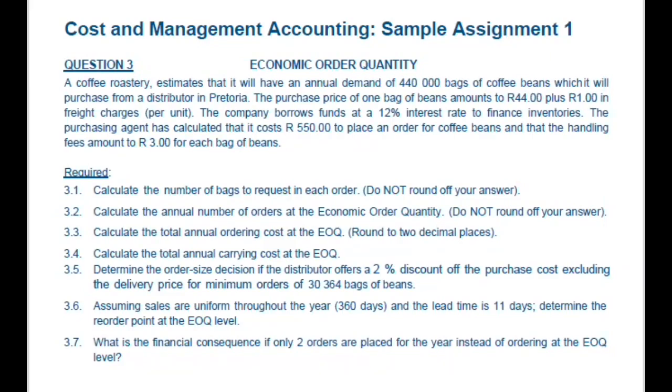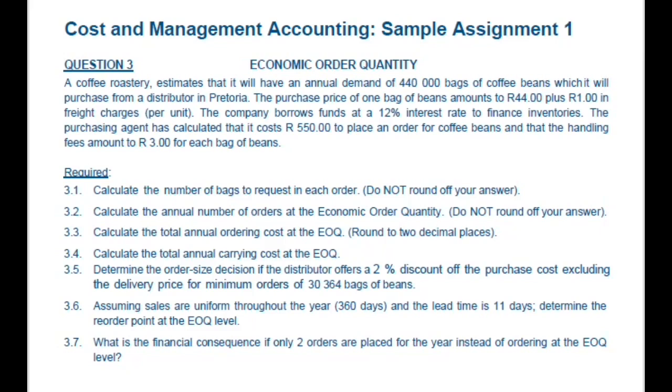So it tells us here that a coffee roastery estimates that it will have an annual demand of 440,000 bags of coffee beans, which it will purchase from a distributor in Pretoria. The purchase price of one bag of beans amounts to 44 Rand plus an additional 1 Rand in freight charges per unit.